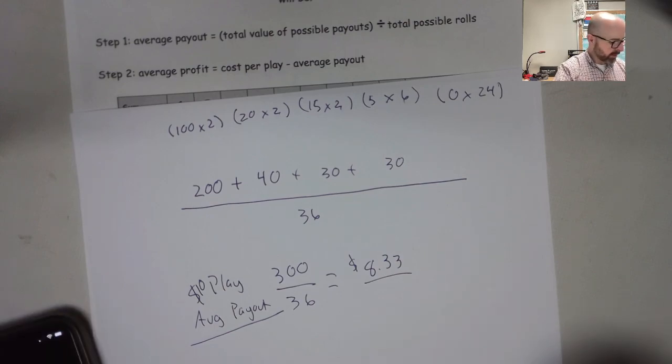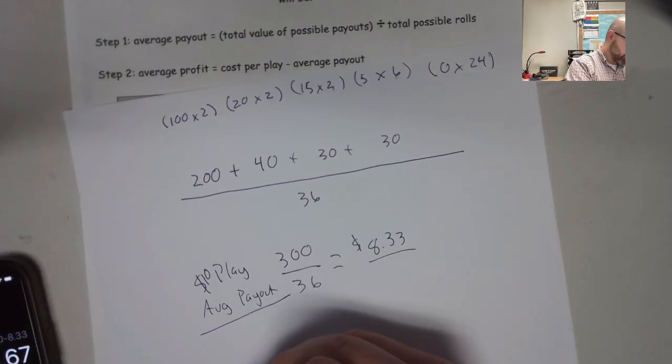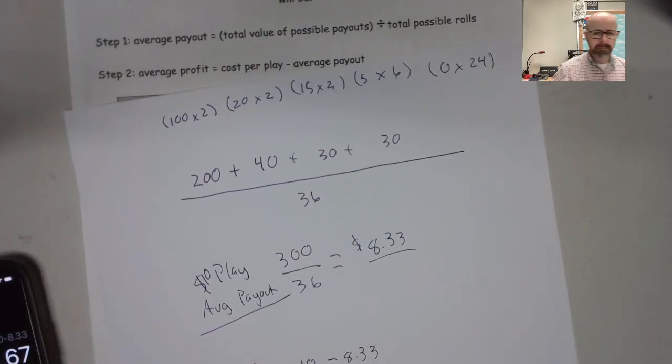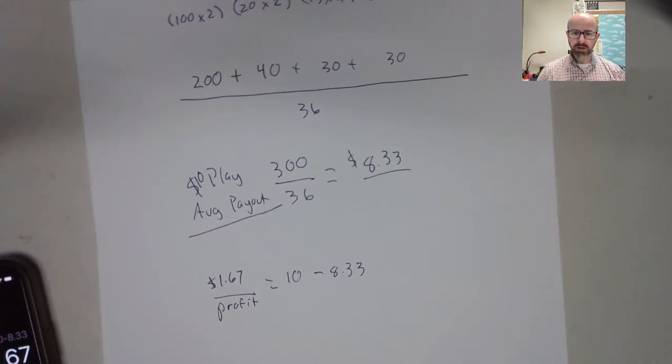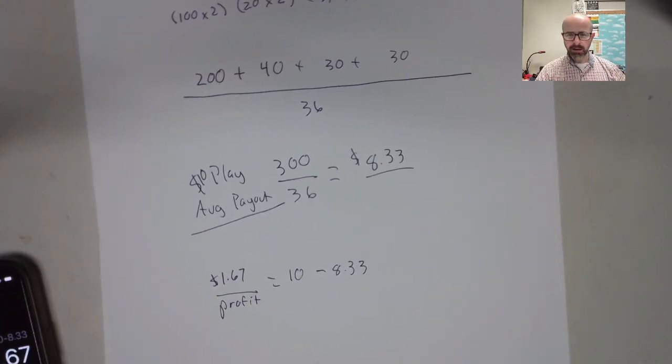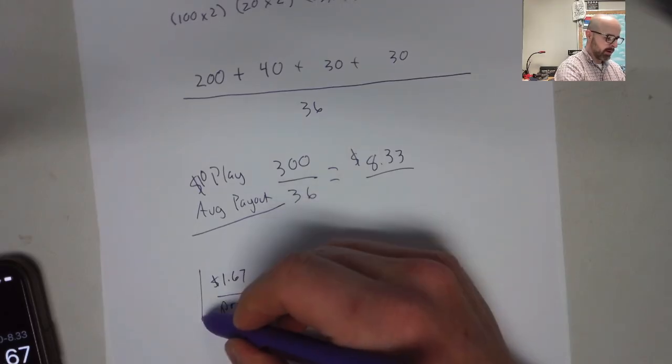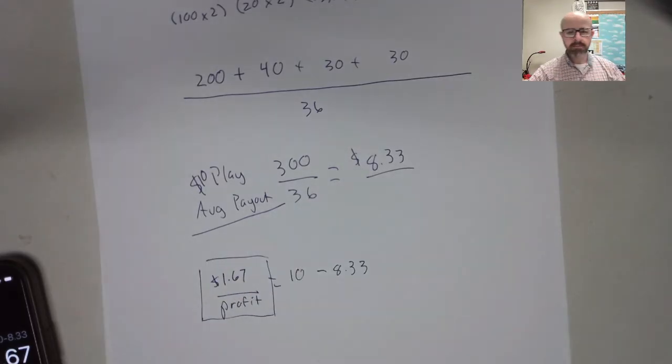Let's check it for sure with the calculator. 10 minus 8.33. Hey, 1.67. That means on average, for every $10 play, the owner of the game makes $1.67.